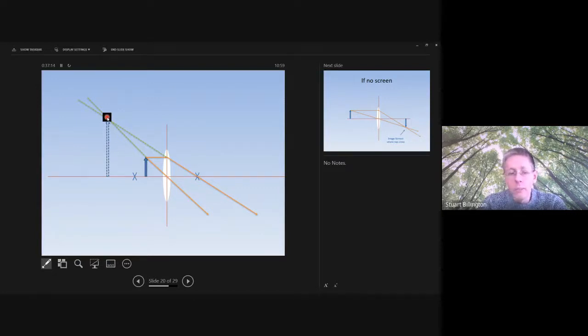And you can play the same game with your ruler. You can measure the image height and scribble that down on your piece of paper, and measure the object height and scribble that down on your piece of paper. And then you can get out your calculator and you can do image divided by object, and this time it will come out bigger than 1.